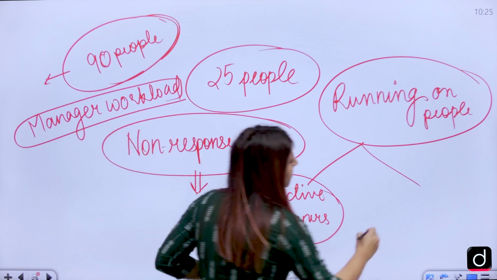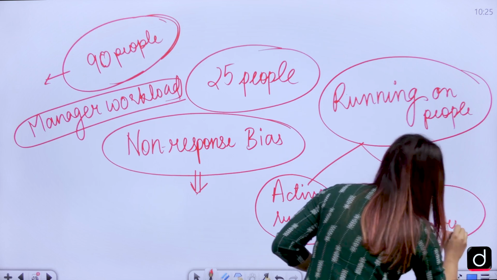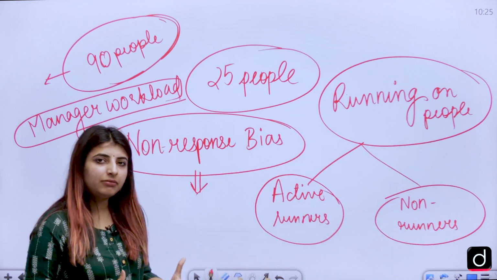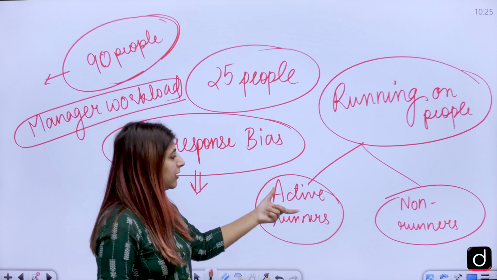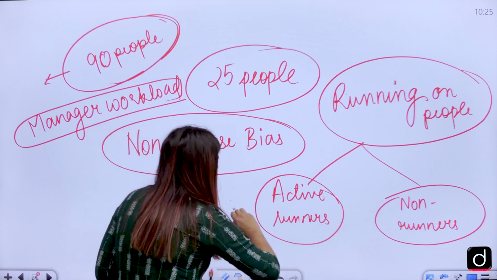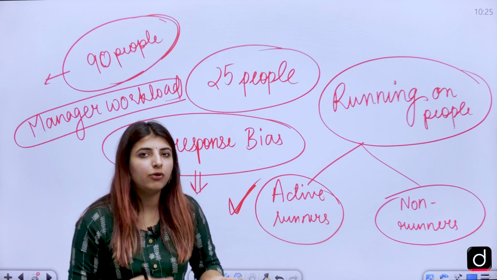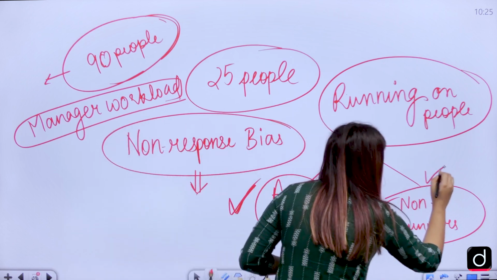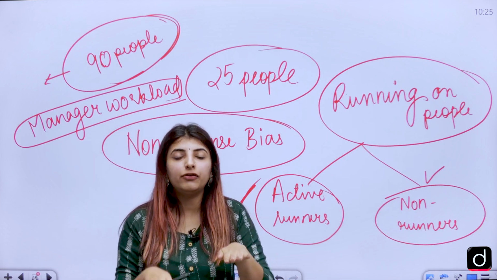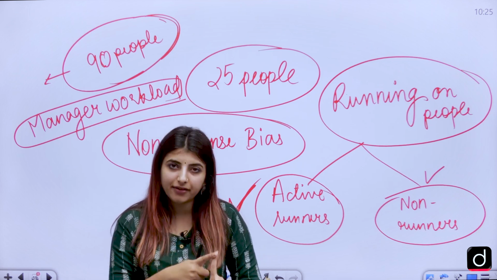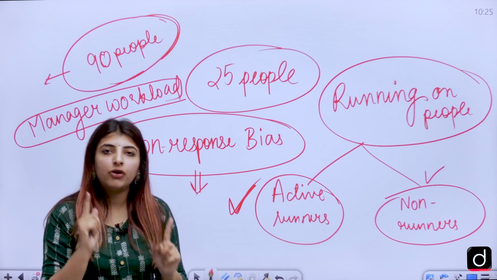But the people who are non-runners will maybe be less interested in answering the questions. So you see here, the active runners are answering, and the non-runners, even if they are answering, are tick marking it out of dislike. So they are not participating in the process completely, which will lead to some kind of discrepancy or sampling error in my research. So this is, first of all, the definition of non-response bias.